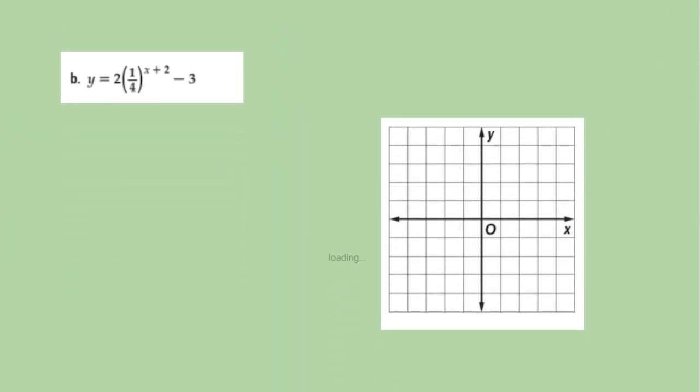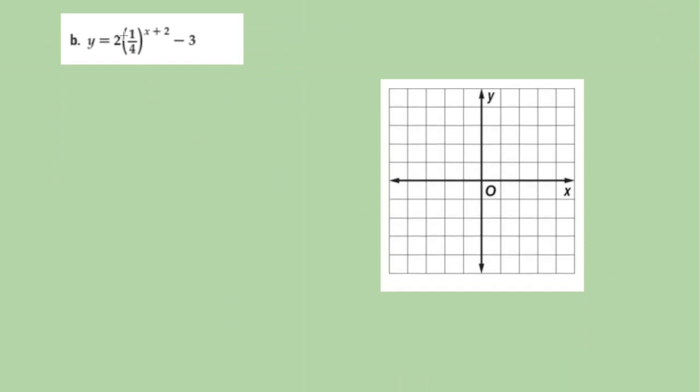All right, now we're looking at how we transform this thing. Well, if you think about what 1/4 is going to look like, think about the last one, and this one is going to be even more so. So we're going to call this 4, 8, 12, 16, 20.